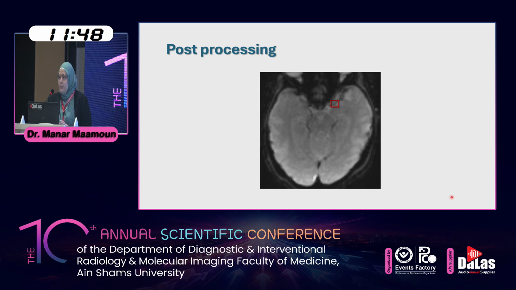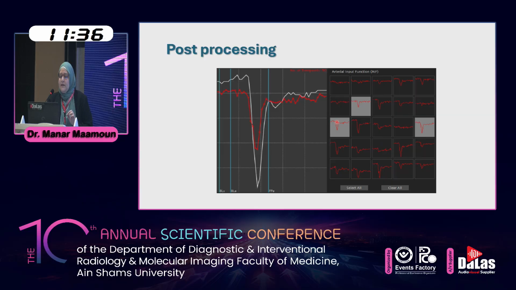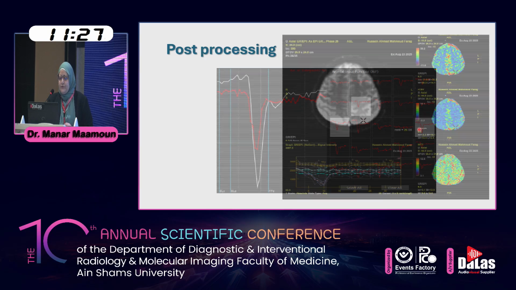We do the post-processing using our workstations. I am using the manual method. I apply a region of interest on a blood vessel. Then we have different curves, and I choose the most appropriate-appearing curves.